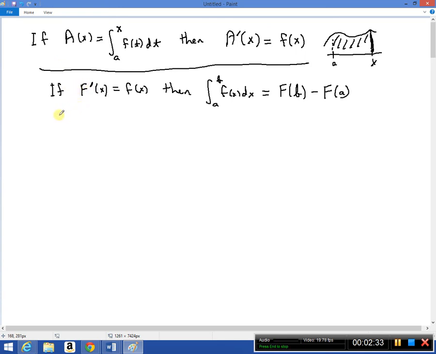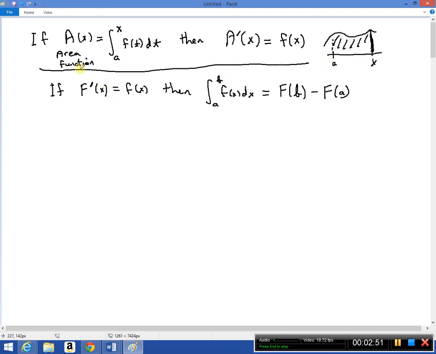Okay, so first of all, there's an observation that we already know one antiderivative. It's not a nice one, but this function, capital A, the area function, this is what this is, an area function, because we've made a function out of calculating the area. So it's a variable amount, okay?